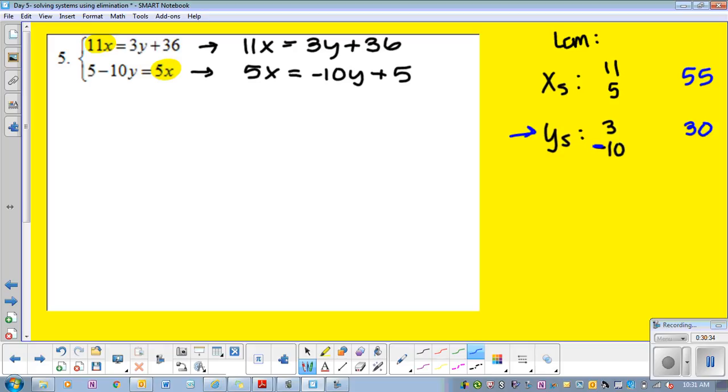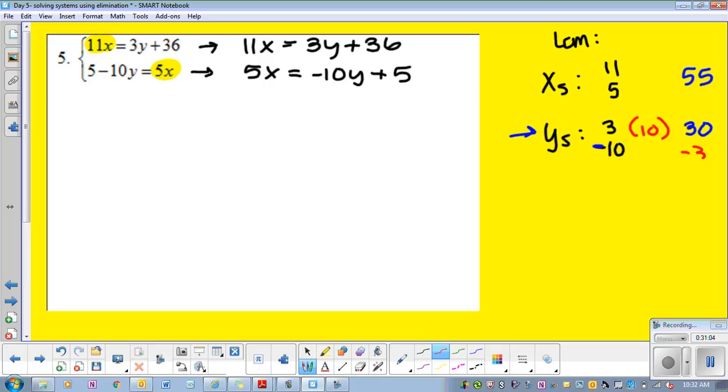So, okay, let's set it up over here. 3 times what to give me positive 30? What's 30 divided by 3? So I need to multiply the top one by 10, right? And then negative 10 times what to give me negative 30?